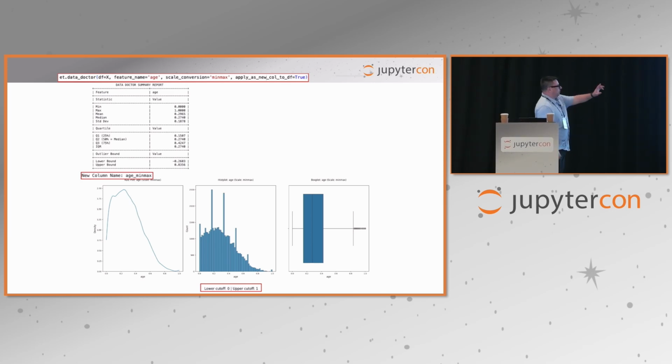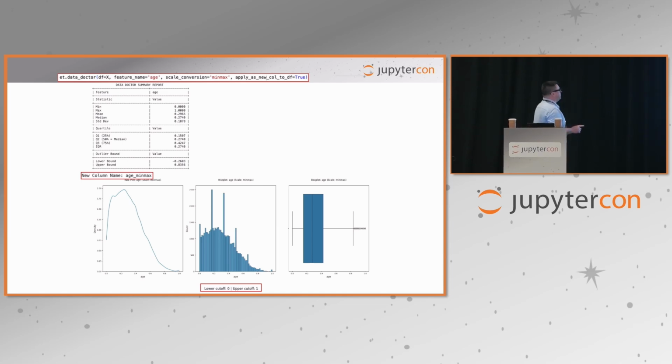And we also have outliers, which is very important to observe right here. And let me draw your attention to the histogram plot. The very far right of that histogram plot has a very small spike. That's important in our next slide. And again, we applied the flag apply as new column to df true, and so we're going to get a new column out of this named age_minmax.